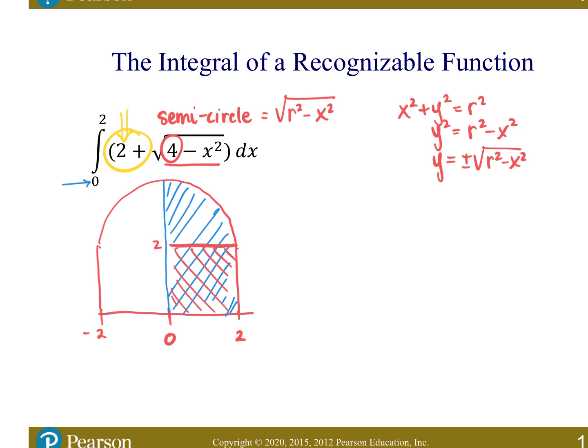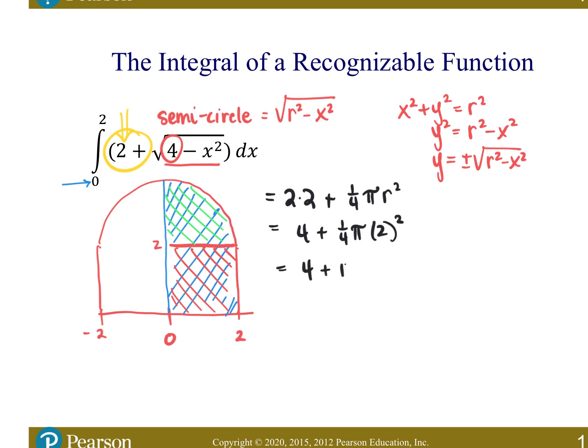Okay, this is a square that's 2 by 2, and then you have your quarter circle on top of that. So we are looking at area of 2 by 2, which is my square, plus the quarter of pi r squared. So this will be 4 plus a quarter pi times 2 squared, or 4 plus pi is the exact value of the area.